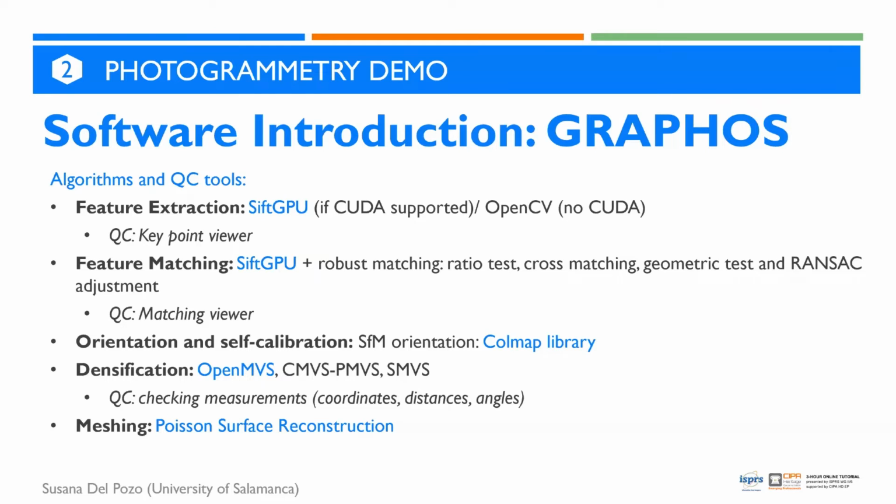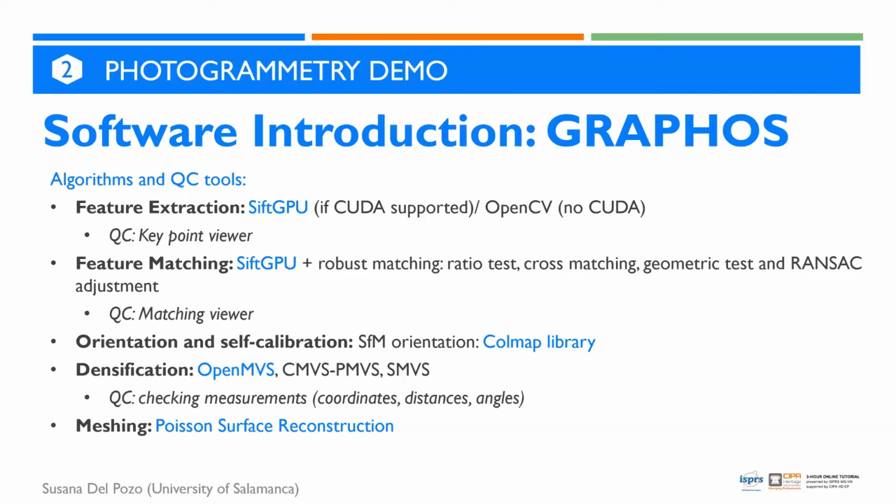For the orientation and self-calibration, the COLMAP library is implemented. And then for the densification process, three algorithms are available. The first one is the recommended one, OpenMVS, because with this we obtain the best results.